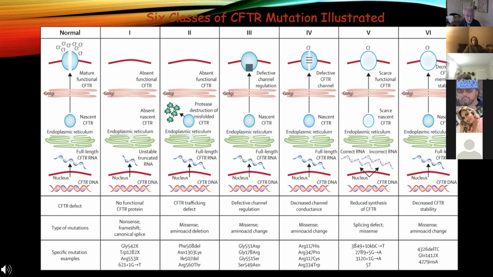Is it deletion? Is it insertion? What is the effect of that mutation on the function of the protein? And that will be up here in this top row. This is the function. So what is the effect of your mutation on function? And finally, what treatments are available to treat patients that have your mutation?